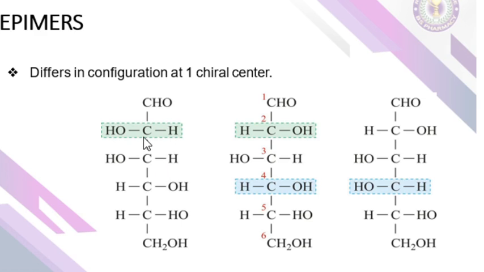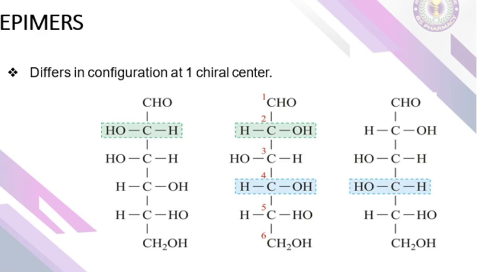I think this is galactose. Next, we have your mannose. Mannose and glucose are epimers at carbon number 1, 2, 3, 4. They differ only at carbon number 4.